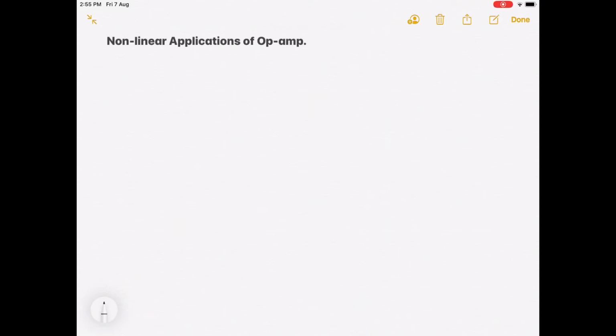Hello everyone, today we are going to learn about nonlinear circuits of op-amp, or nonlinear applications of op-amp. An operational amplifier in open loop configuration operates in a nonlinear manner. The nonlinear mode of operation finds use in many applications in which output needs to be switched between positive and negative levels.